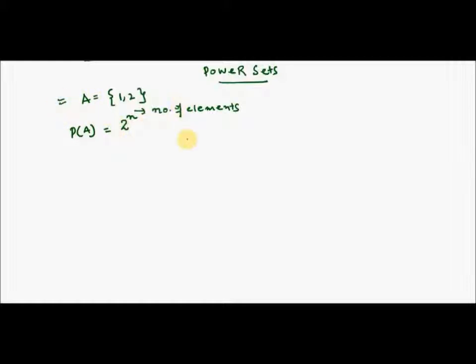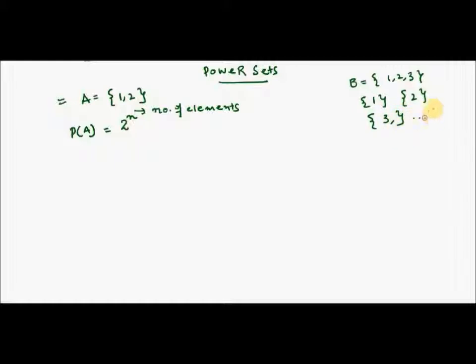Now the thing that I forgot to tell you in subsets is that every set is a subset of itself. So if I have a set, let me say B, and it contains 1, 2, 3, it will contain subsets as {1}, another subset will be {2}, another subset will be {3}, and so on.